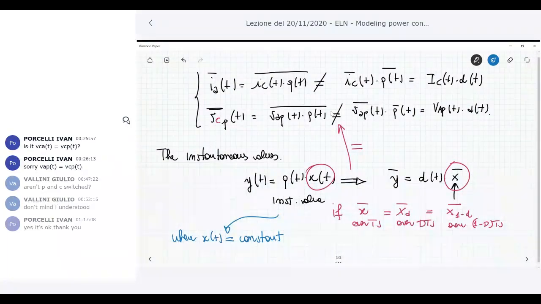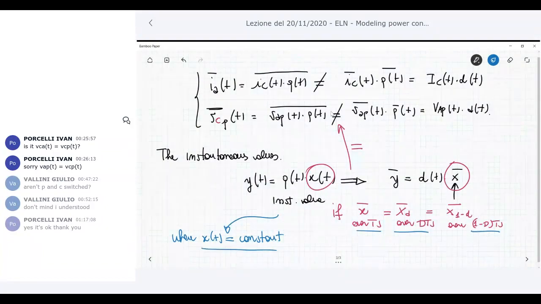When x(t) is a constant, then the average value over Ts is the same as the average value over Ton, and it is the same as the average value over Toff. So we can say that you can break the average over the multiplication into different averages, and then this is correct.